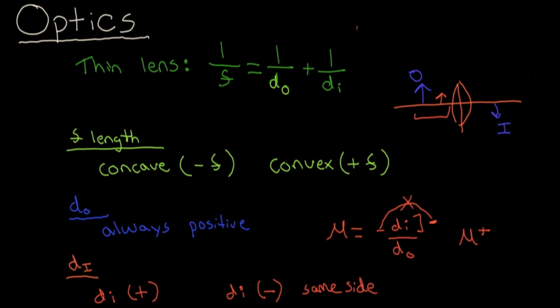However, same thing, if your distance image is positive, if it's on the opposite side of your object, then you're going to have a negative magnification. And so that's how these two things come into play.